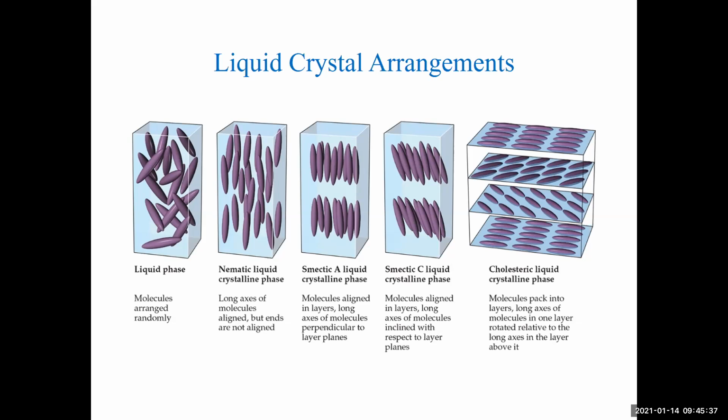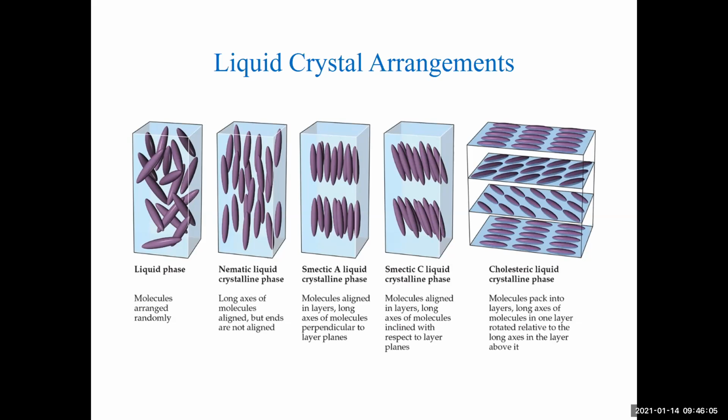And then finally, the cholesteric crystalline, now we have layers where the layer itself is all aligned in some fashion, lengthwise, but then the next layer down is a little different, and then we get back to the other.